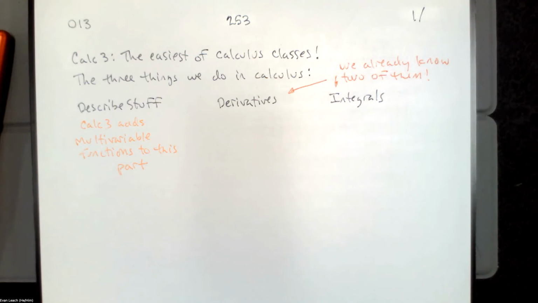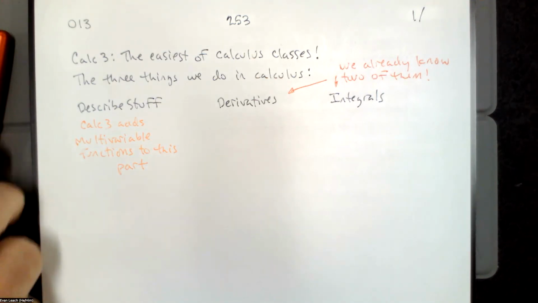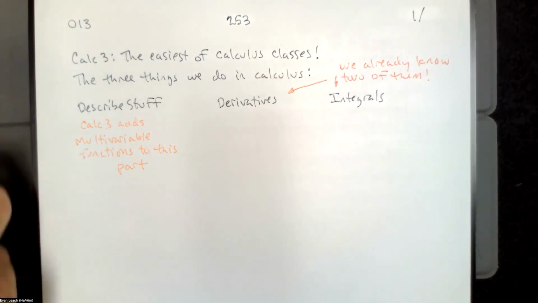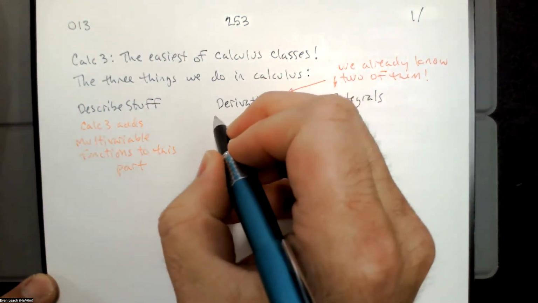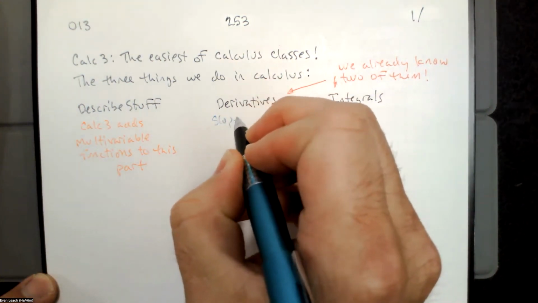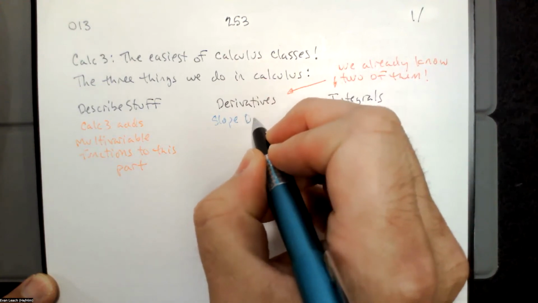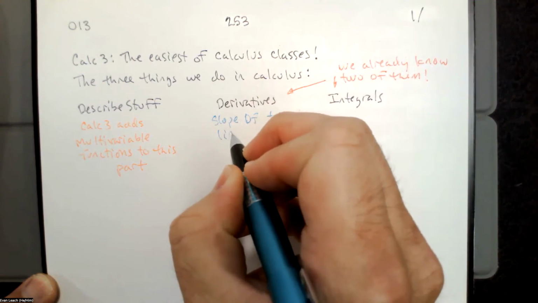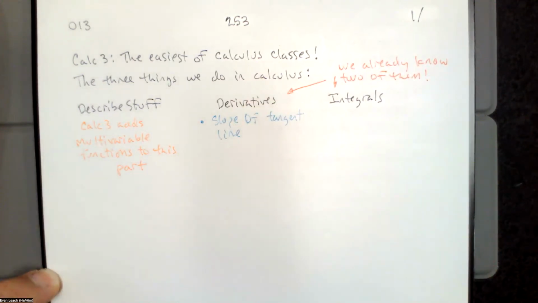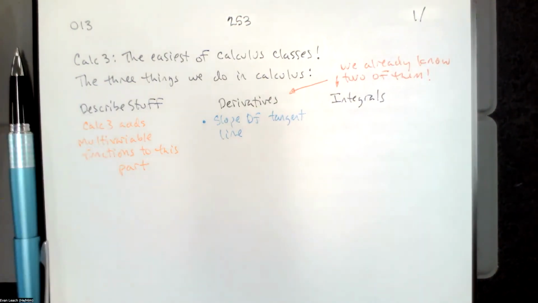So let's think about what we need to remember about derivatives and integrals. When we think about derivatives, we usually think of the slope of the tangent line. So derivatives told us about the slope of the tangent line.